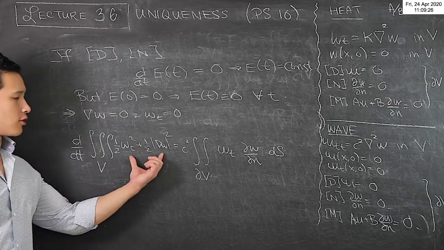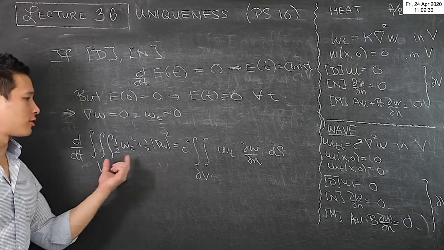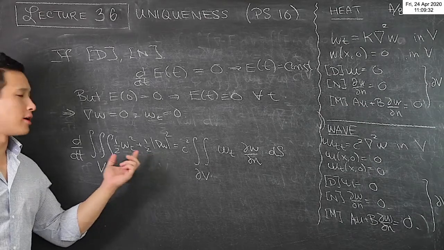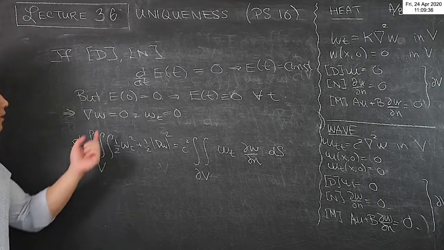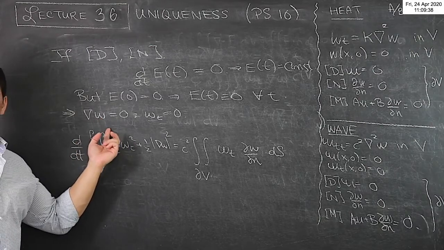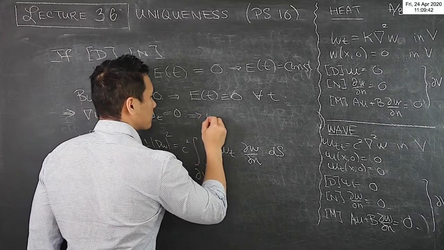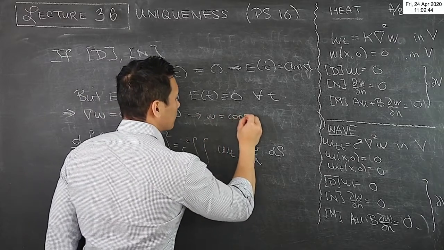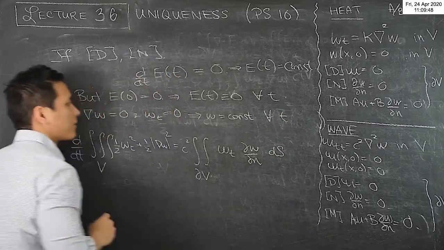Okay? So you're able to claim, because it's a sum of squares, that the only way the integral of a sum of squares is equal to 0 is if each individual element is equal to 0. And so now you've concluded that w has to be constant, basically, for all time.